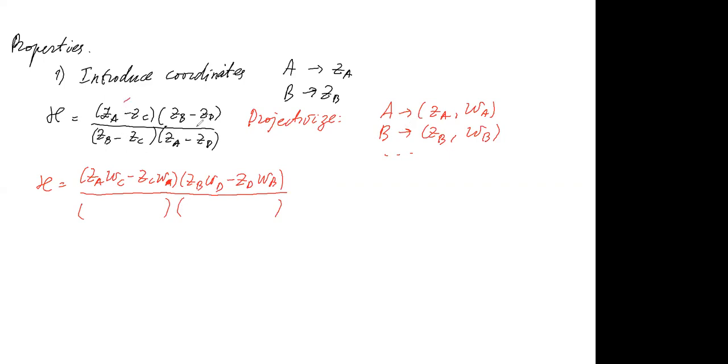So this is a well-defined projective number. It doesn't depend on the choice of projective coordinates, but what is even more important is that now you can take Z and W to be complex. I wouldn't be able to draw a complex picture at the previous slide.